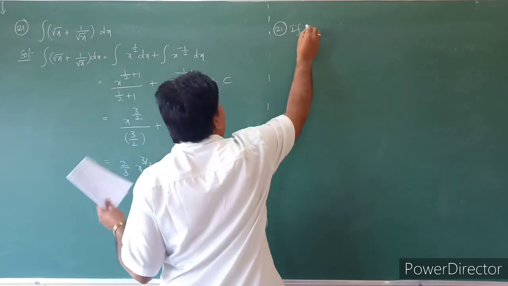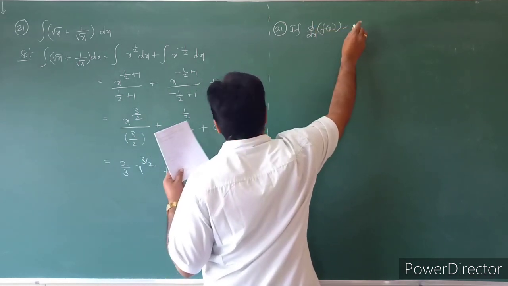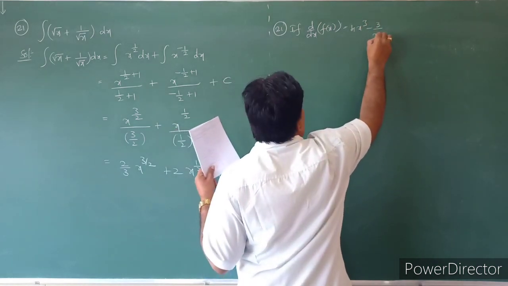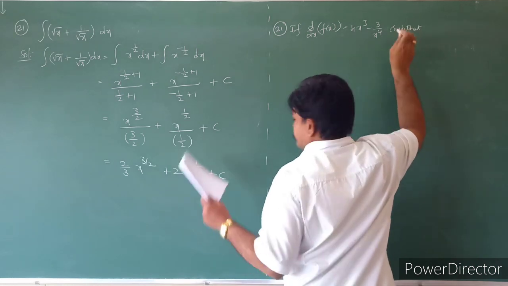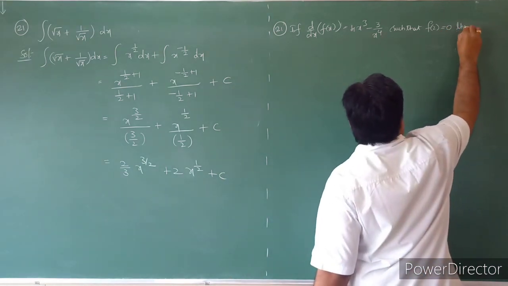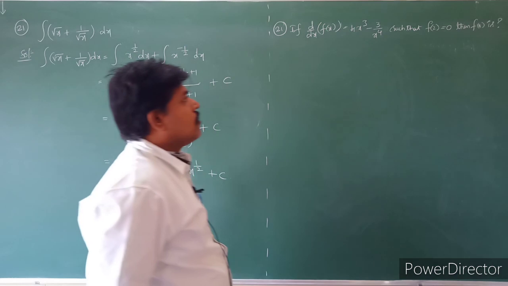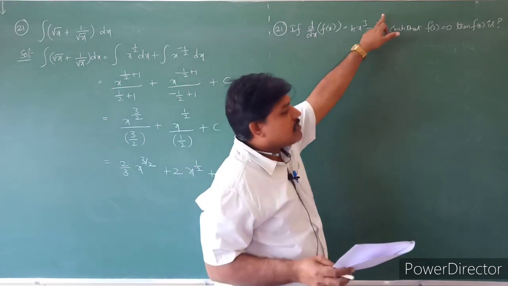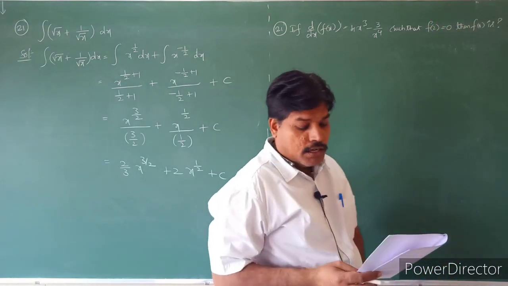If d by dx of f of x is equal to 4x cube minus 3 by x power 4, such that f of 2 is equal to 0, then f of x is what? So the problem is: the derivative of f of x is equal to 4x cube minus 3 by x power 4, such that f of 2 is equal to 0, then f of x is.